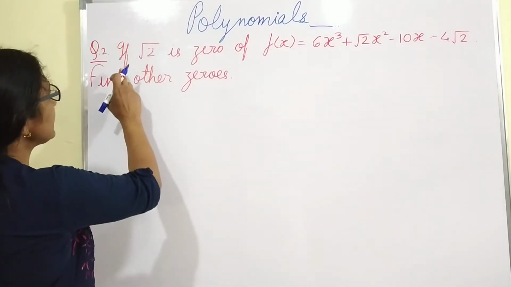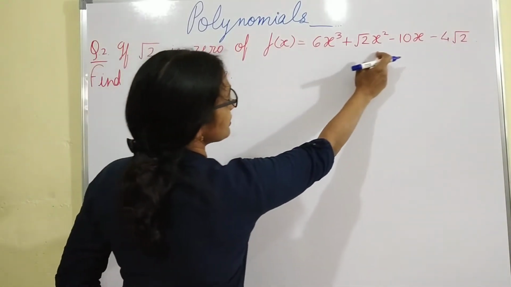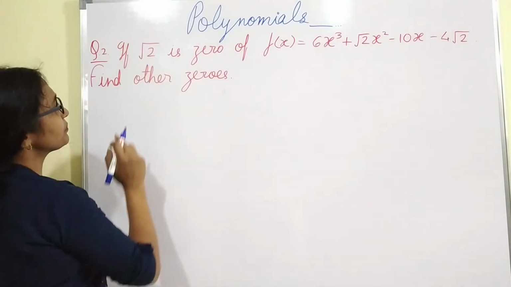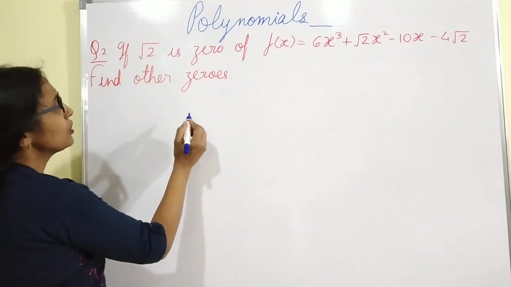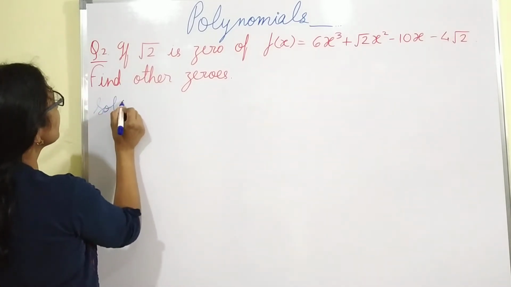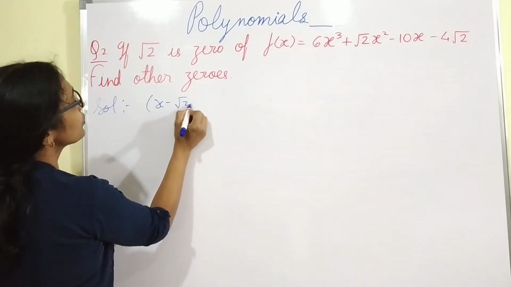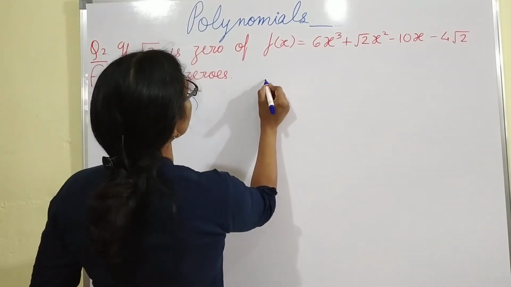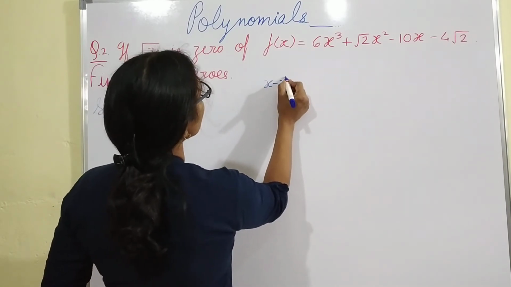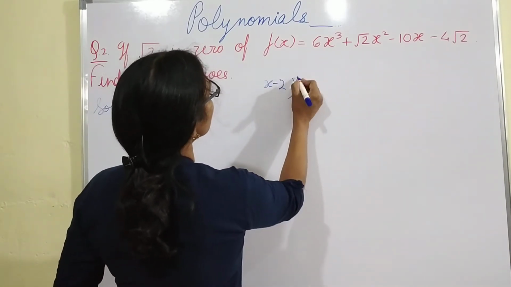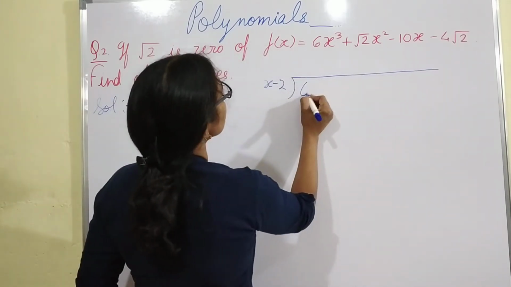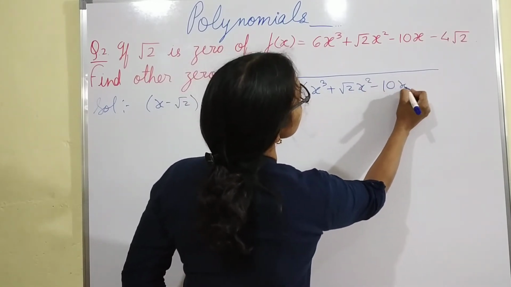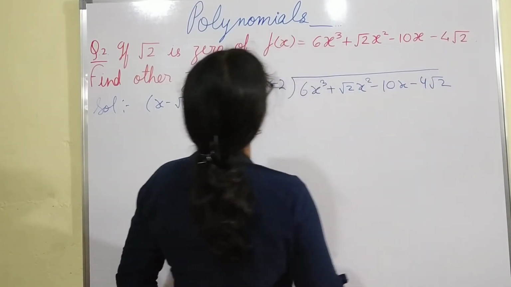Now the next question is: if root 2 is a zero of f of x equals 6x cube plus root 2 x square minus 10x minus 4 root 2, find the other zeros. Since root 2 is a zero, its factor will be x minus root 2. To find the other zeros we will divide. So we divide 6x cube plus root 2 x square minus 10x minus 4 root 2 by x minus root 2.